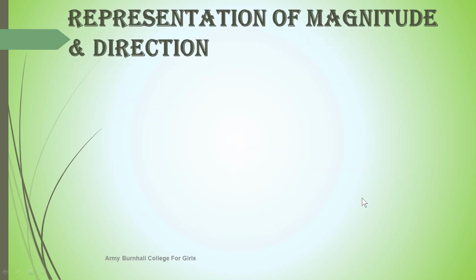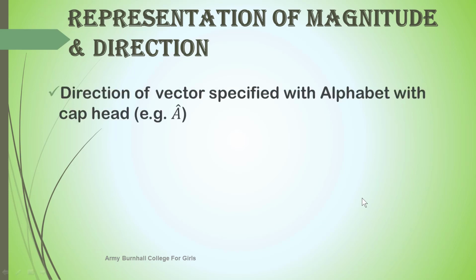Still on symbolic representation, how are we going to represent the magnitude and direction of a vector? The direction of a vector is specified with the letter with a cap head.